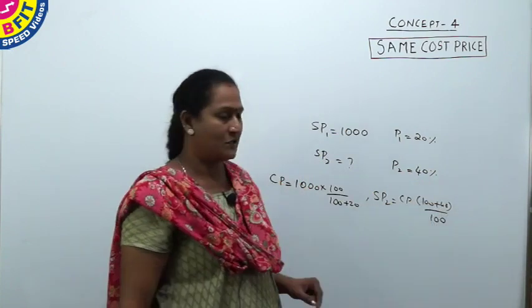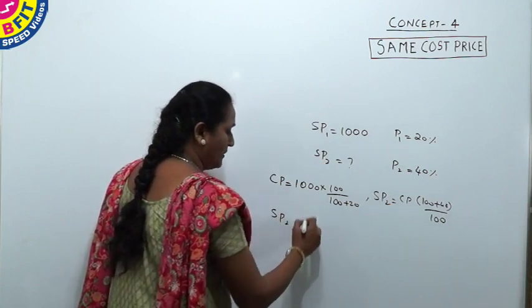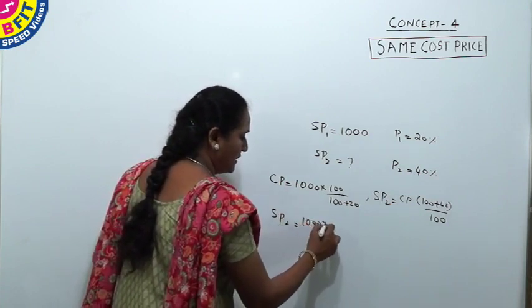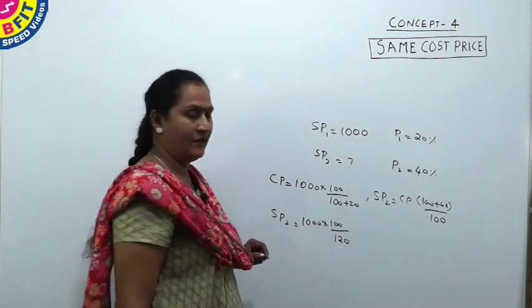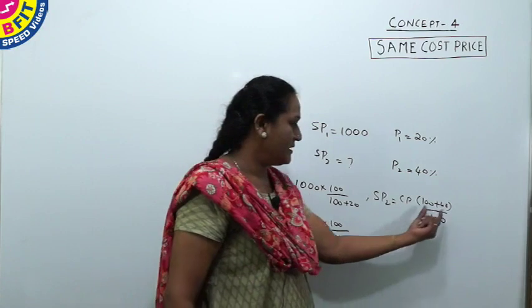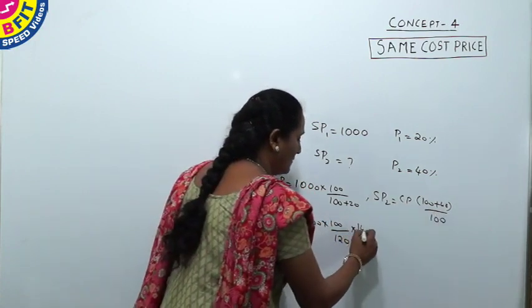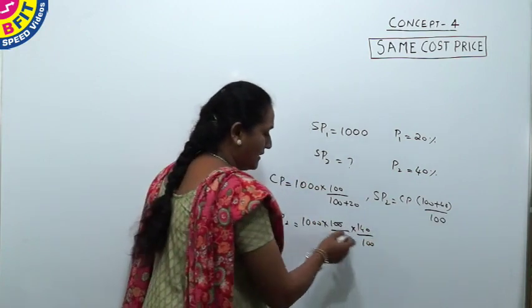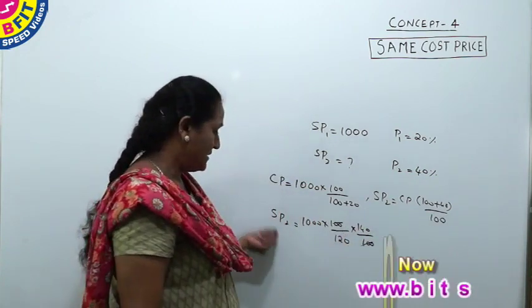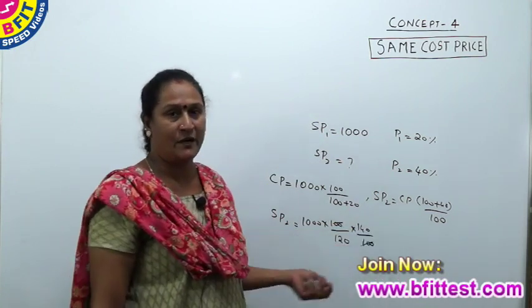And what is the cost price? 1000 into 100 by 120. So the cost price is this, and now multiplying this with 140 by 100, this 100 gets cancelled, and the selling price is got by multiplying 1000 with 140 by 120.